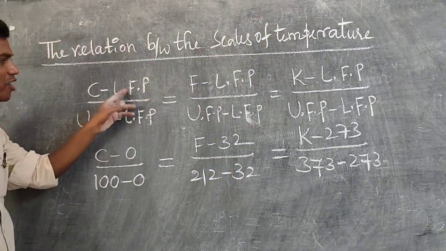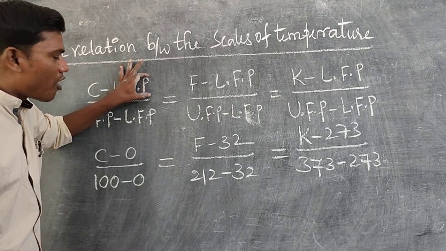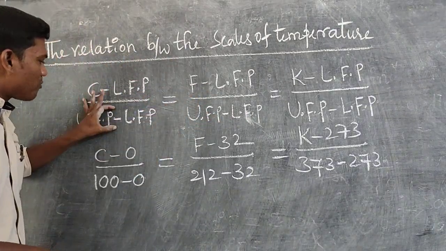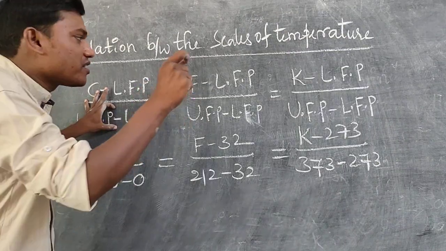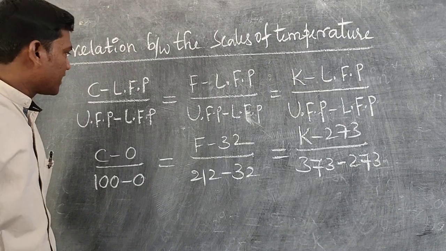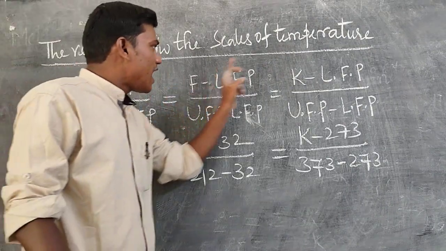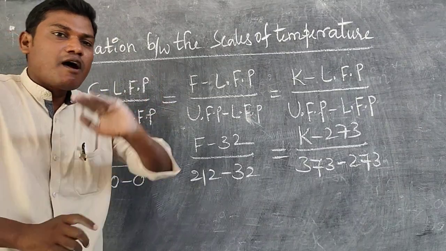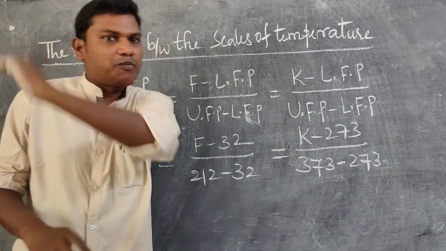Now we already know that the lower fixed point is the melting point of water and the upper fixed point is the boiling point of water. I already explained clearly which readings in the Celsius, Fahrenheit and Kelvin thermometers represent the melting point and boiling point of water.